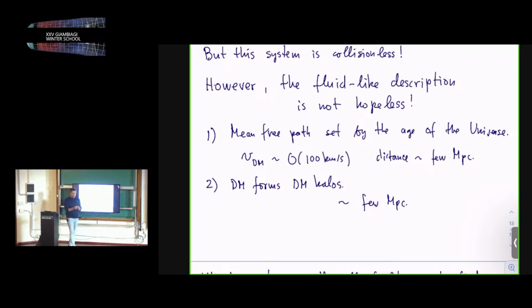But when you go on scales which are larger than the mean free path, the fluid description is valid, and the equations of motion for the long wavelength degrees of freedom simplify significantly. The same thing will be true for dark matter. Even though this system is a bit more complicated and strange than the usual fluids that we find in the laboratory, still a fluid description will exist.